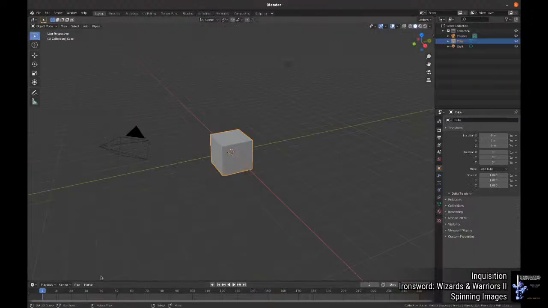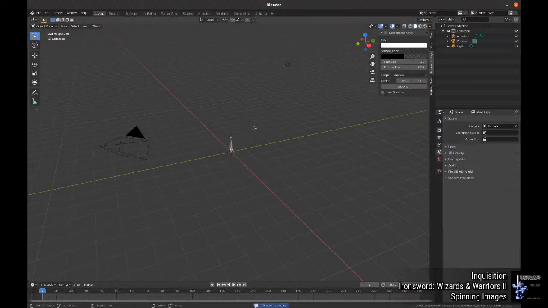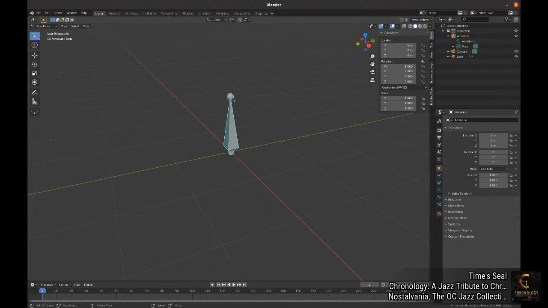New file. Add. Armature. Edit the armature. Delete the cube. Edit the armature. Edit the pose. Okay, even in a brand new file with nothing modified or edited, y is up and down.